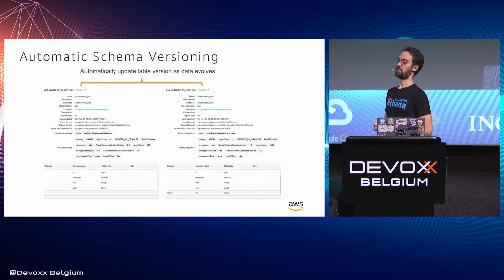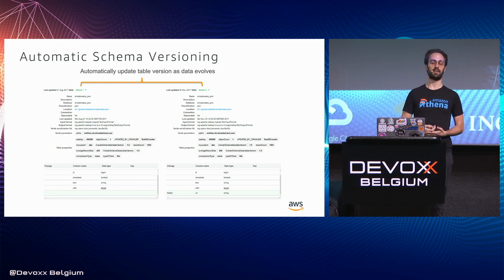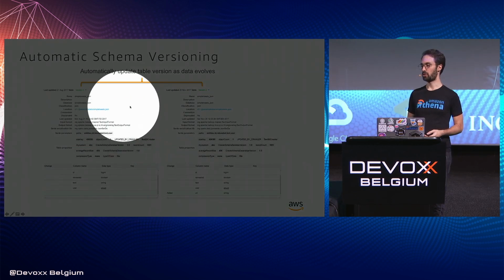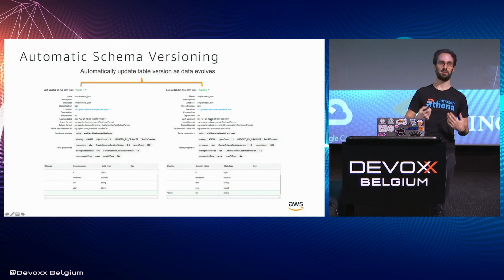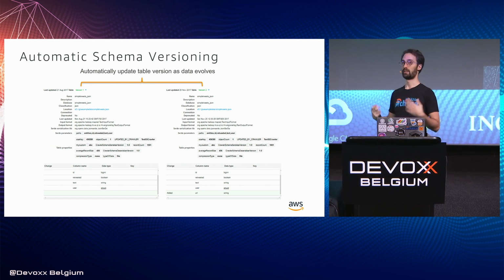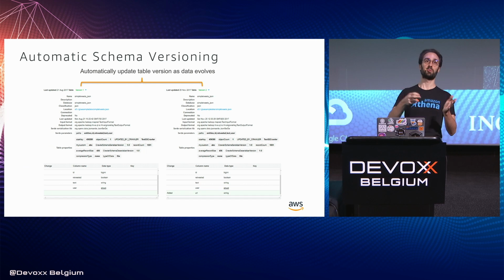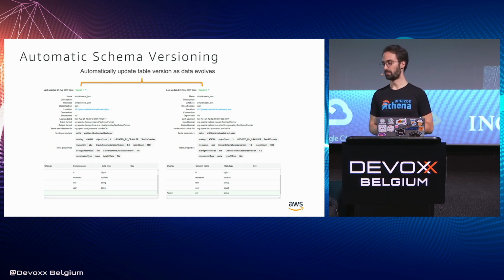And when they detect that something has changed, they will automatically enable the schema versioning feature. So maybe something changed, they will tell you what fields were added or removed and at what date, so that you can exactly know what to query if you want to have a given particular schema or not.